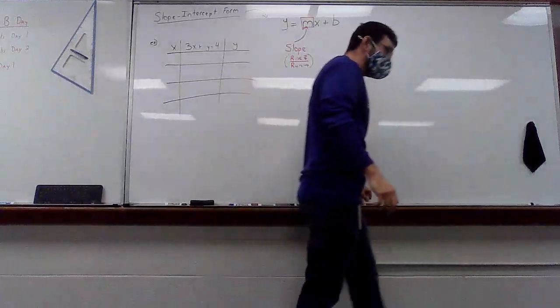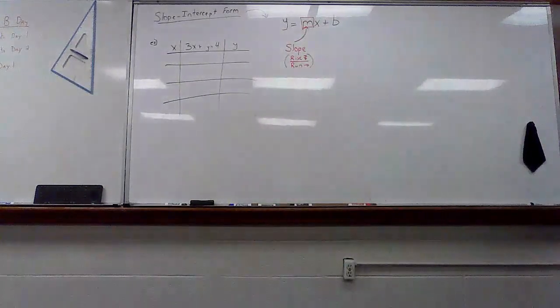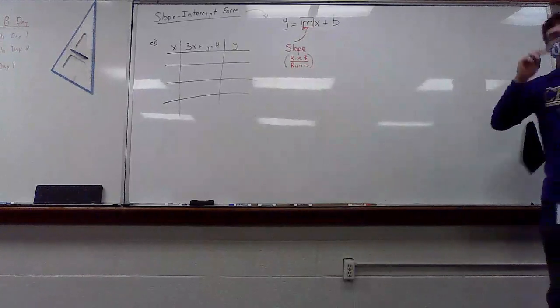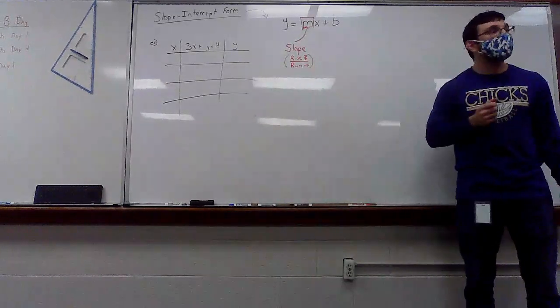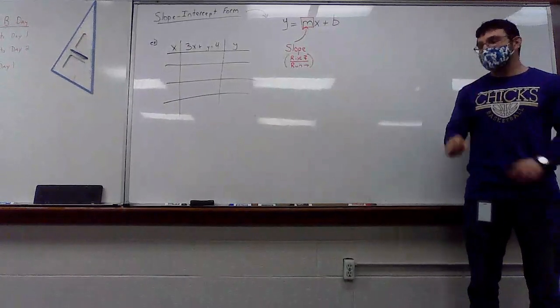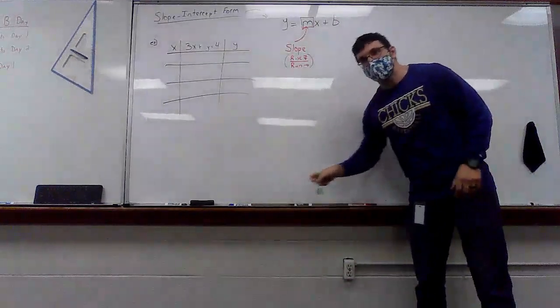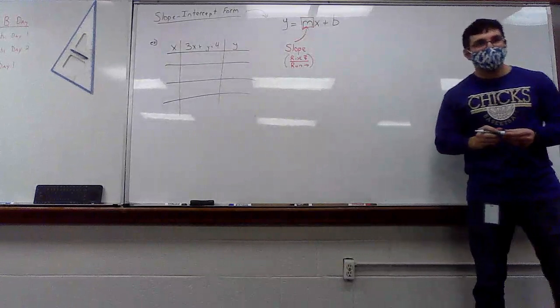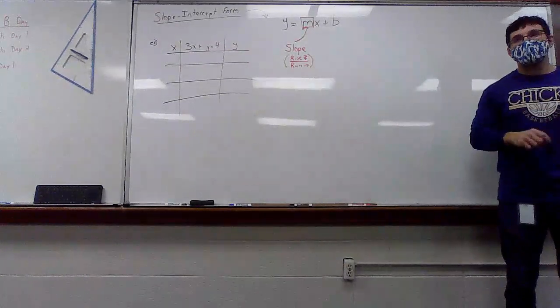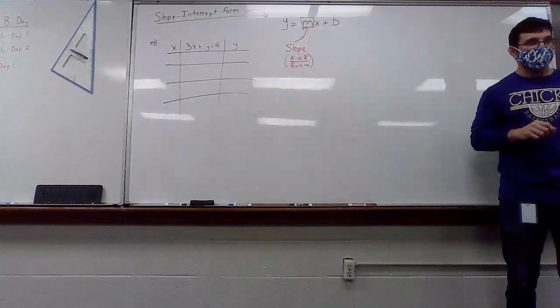So we have y equals mx plus b. That is slope-intercept form. We're still missing one thing. We found the slope. It's the m. But now we need the y-intercept. Which variable do you think is going to be the y-intercept?